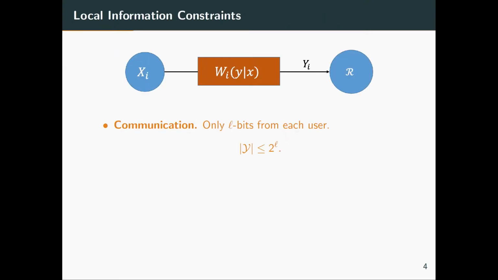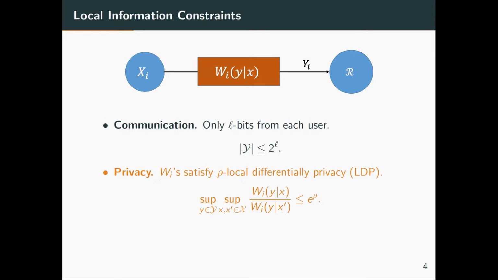What kind of local information constraints are we considering? The first is communication. Only L bits is allowed from each user. In other words, the output alphabet of each user is at most 2 to the L. And the second is privacy. W_i has to satisfy rho local differential privacy, which requires that for any distinct pair of inputs, x and x prime, and any y in the output alphabet, the probability ratio between outputting y conditioned on x and outputting y conditioned on x prime is at most e to the rho.